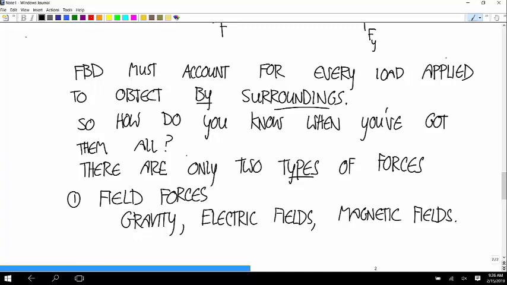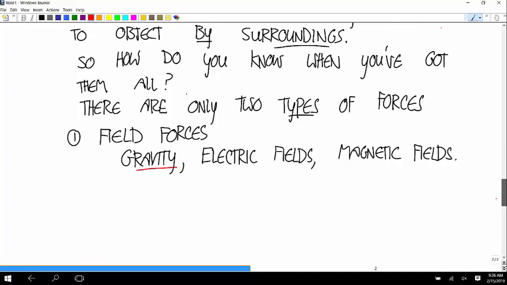And so mainly, the first thing you have to account for is gravity. So you isolate your object, you account for gravity. There's a downward force of gravity. That's easy to do.